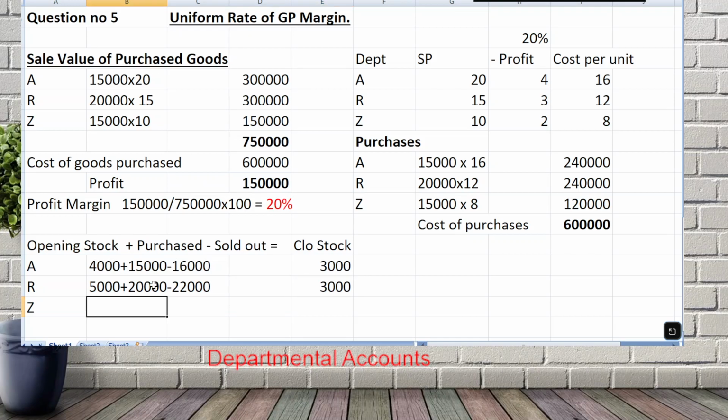3,000. Is it? So multiply this with cost per unit. You know 16, 12, 8. Multiply it and the closing stock value will come.